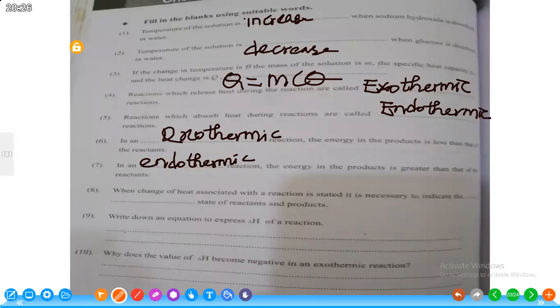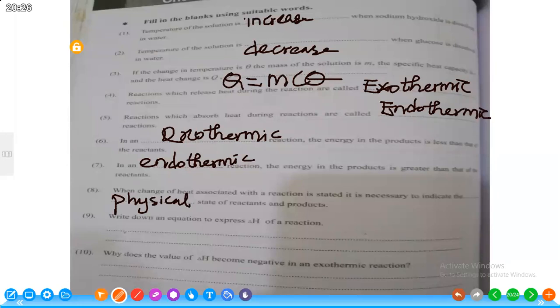When the enthalpy change associated with the reaction is stated, it is necessary to indicate the physical state of reactants and products.